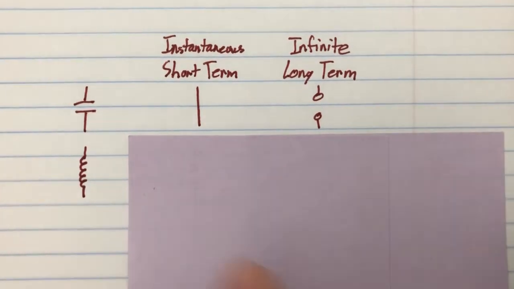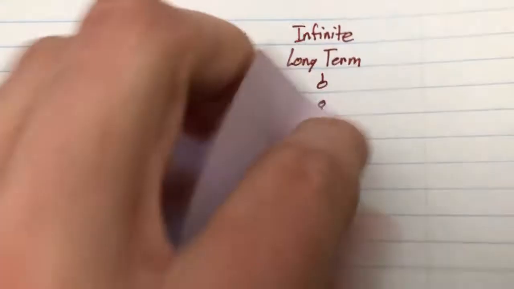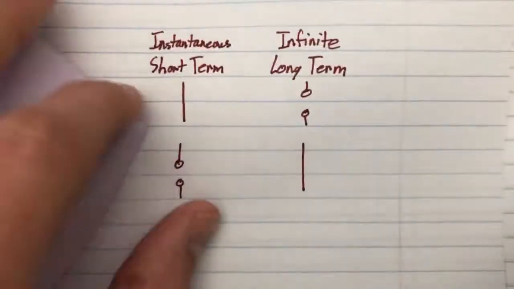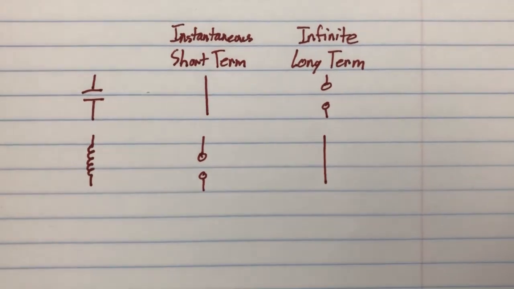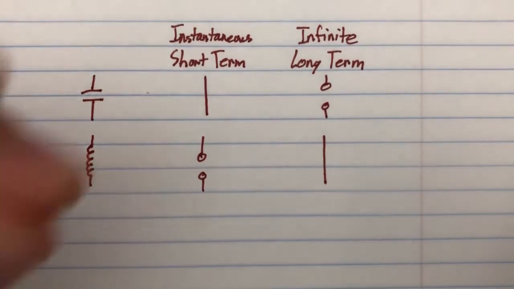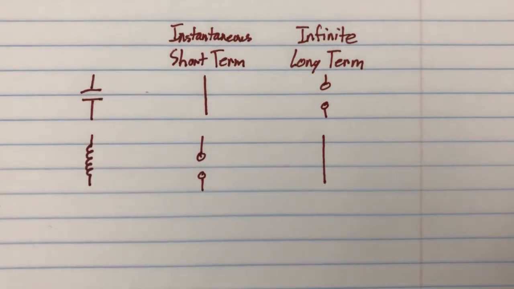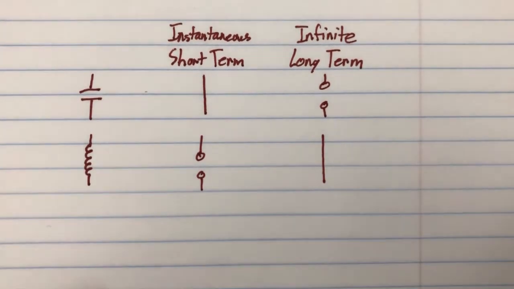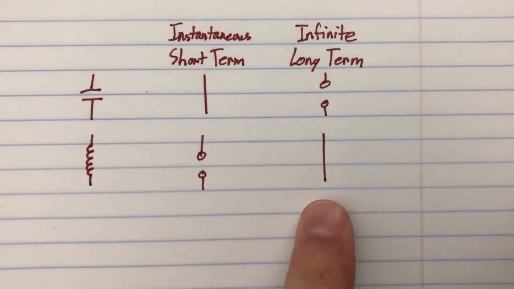Now for inductors, in the short term, they tend to act more like an open circuit because they have heavy resistance against changing current. So you can think of them as instantaneously, once the switch closes, having an infinite resistance. And then in the long term, of course, that resistance dies down and they function more as a short circuit.